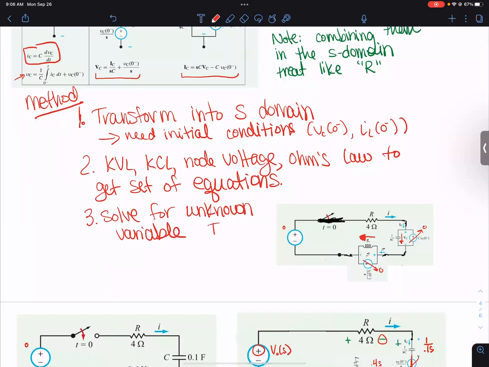So in our case, we got IL of S. So after you get the variable that you're looking for, what will you do next? Yep. Transform back to the time domain. Yep.